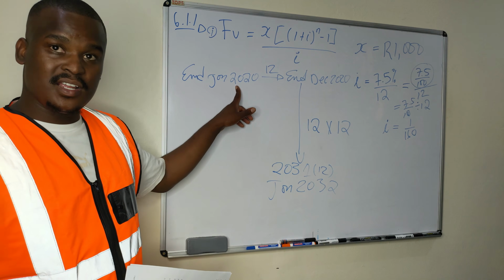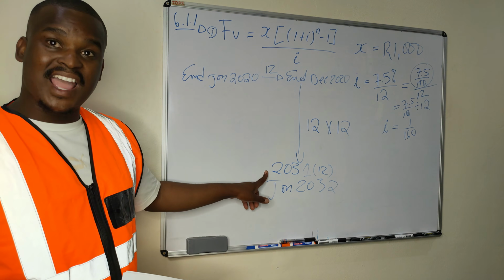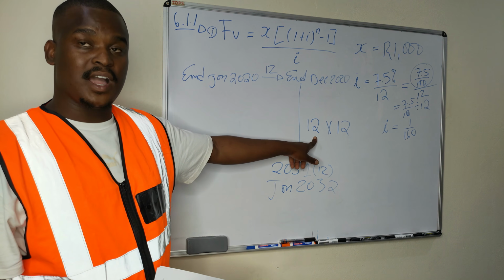So from the end of January up until the end of 2031, this number of payments was made into the account.